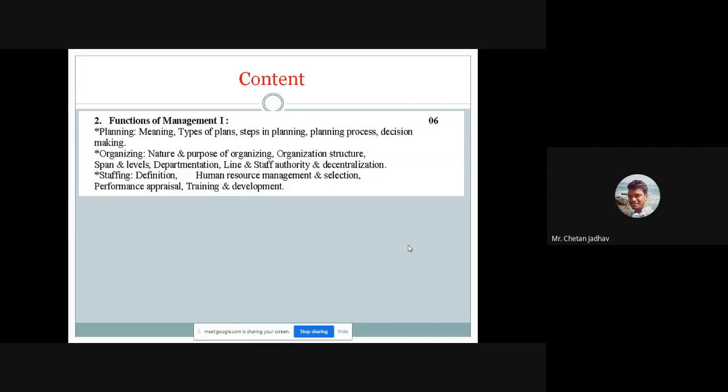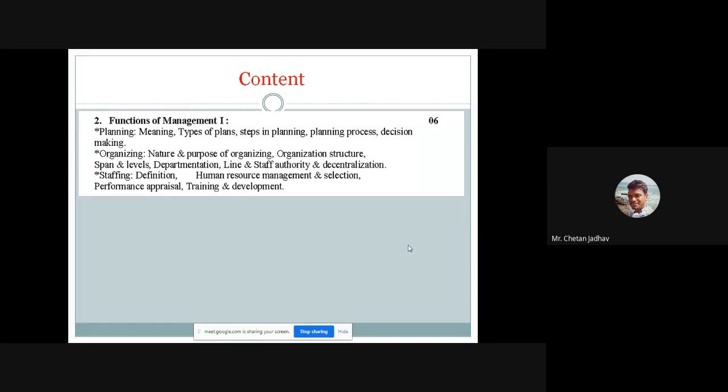Then what are the basic steps involved in planning, and what is the actual planning process for our organization or any company. Then a very important point, decision making capacity: what parameters we are going to consider at the time of making any decision, that also we are going to cover.